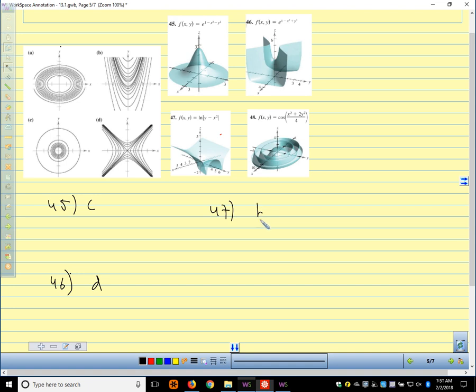So 47 would be B, and 48 has to be A. If you think of dropping a stone into a pond, that would be kind of the map of the ripples in the pond. But it's elliptical shaped, so that's a little strange. All right, let's look.